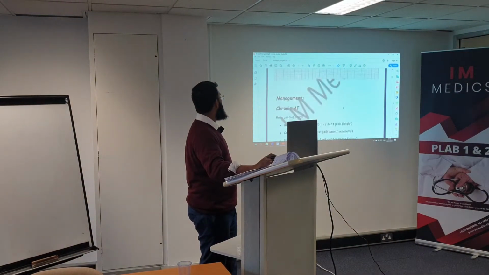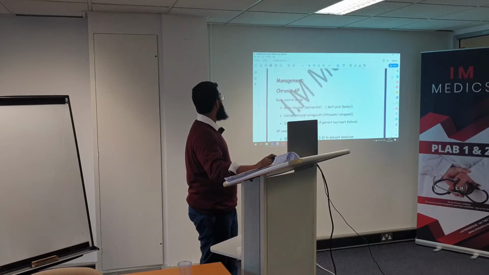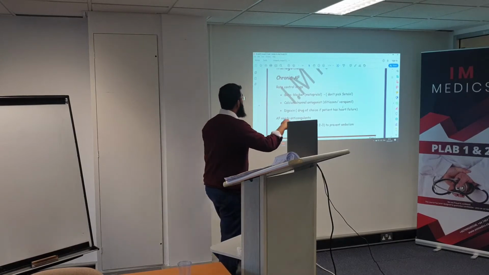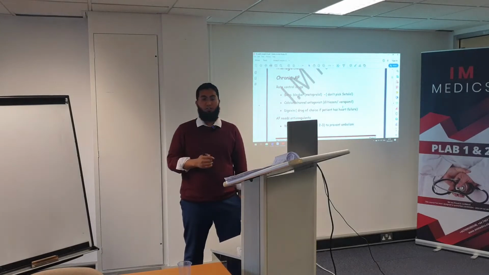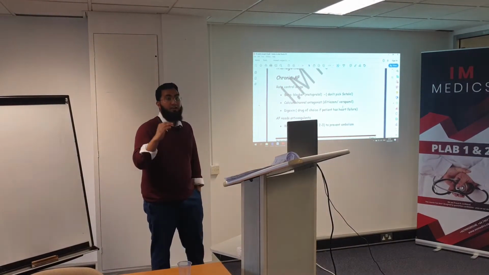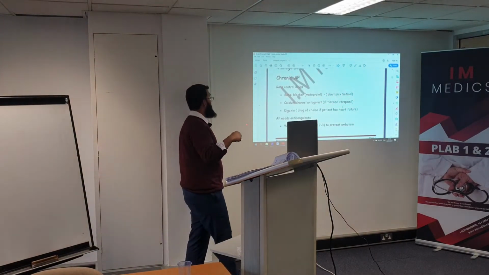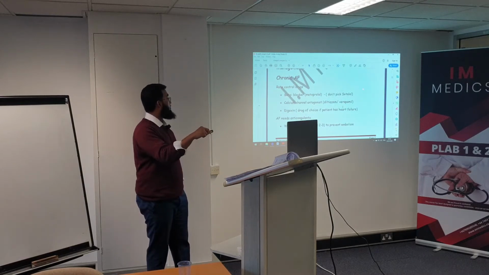AF management we'll do later on, but let's go over it quickly here. If a patient has AF, the key thing for the exam is going to be rate control. How do you rate control? Obviously AF will be fast. So fast AF, how do you rate control? In the exam you'll have a fast heart rate. Rate control is based on these medications, very important.